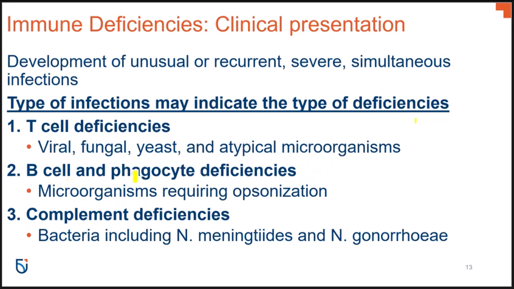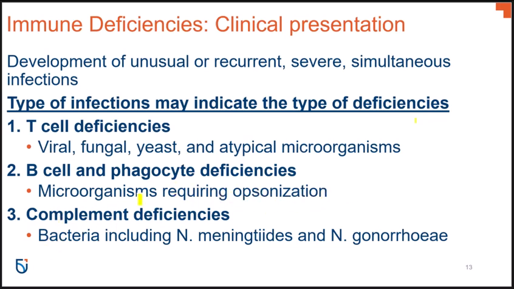Whereas people with B cell and phagocyte deficiencies, they are going to have difficulty fighting microorganisms that typically require opsonization, remembering that term from our in-class lecture.